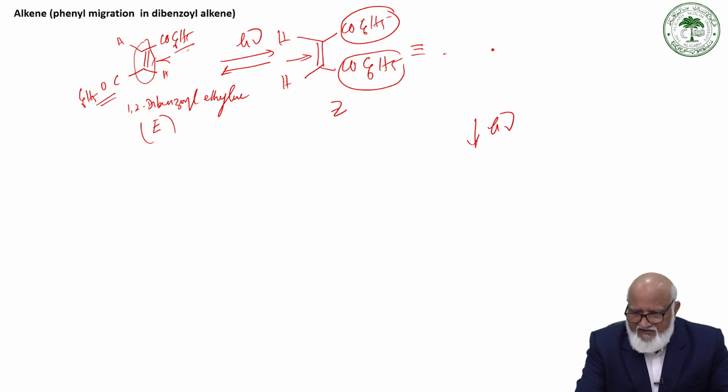If you write this in a proper way, you can represent it like this: H, C double bond O C6H5, and then C double bond O and then C6H5.